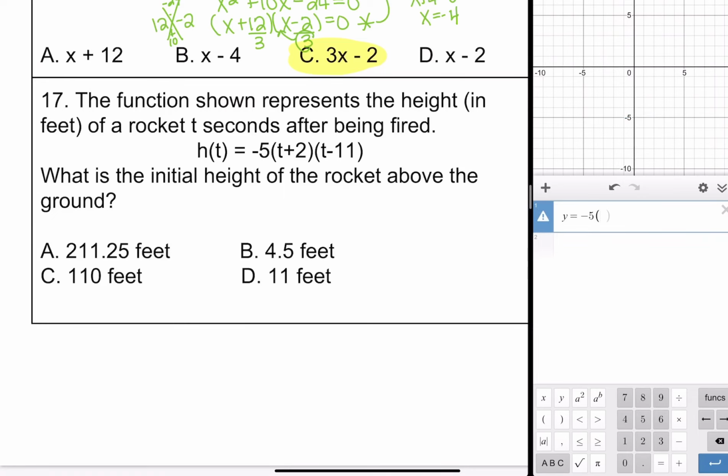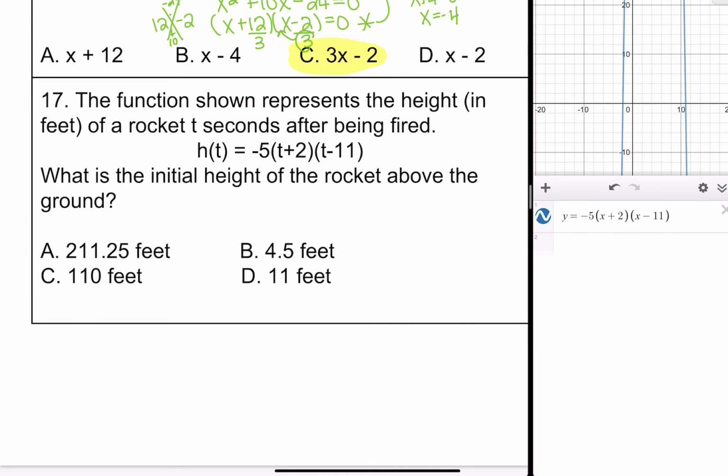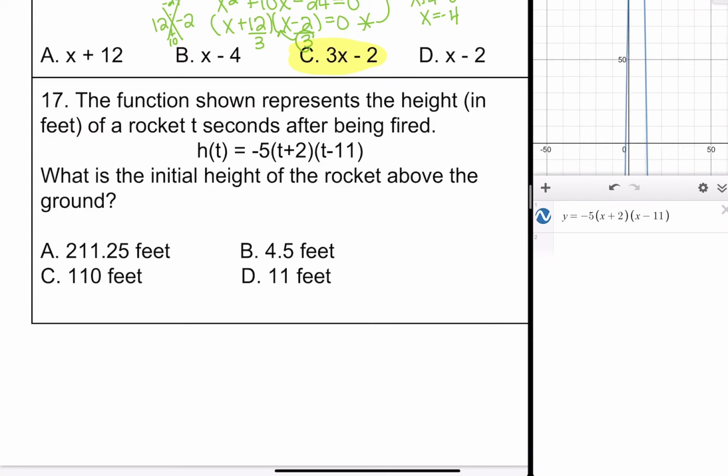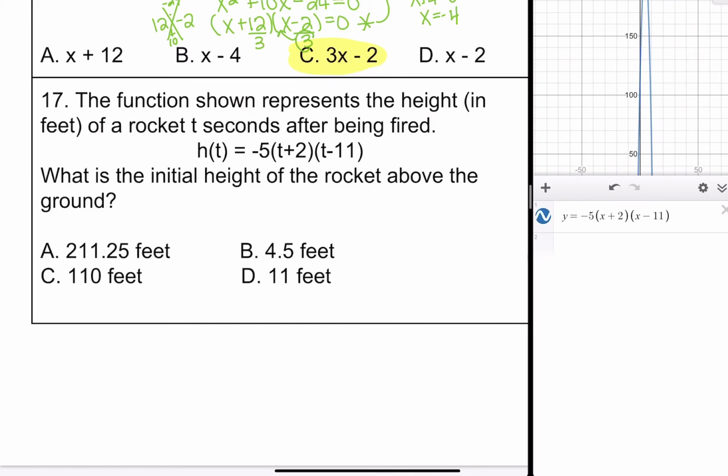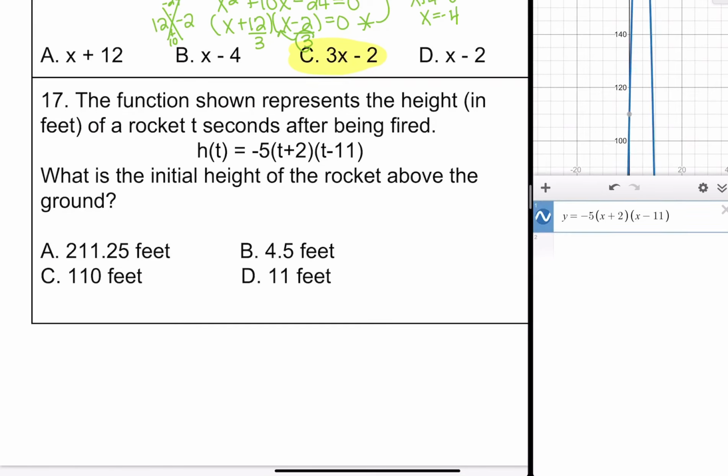So x plus 2, close your parentheses, and a new set of parentheses opens, x minus 11. This is a very tall, thin function, but we're going to go up to where we can see where it crosses over the y-axis. Click on it and it will pop up with the intercept for you.